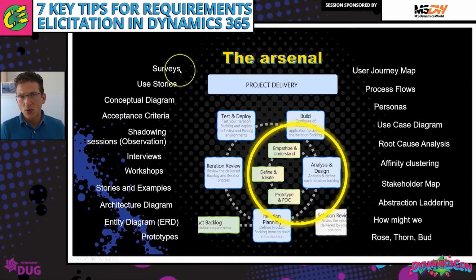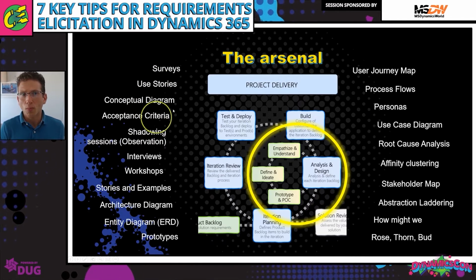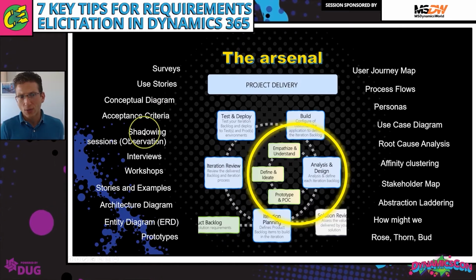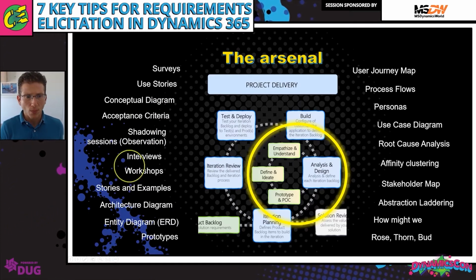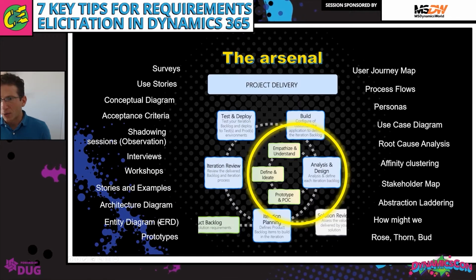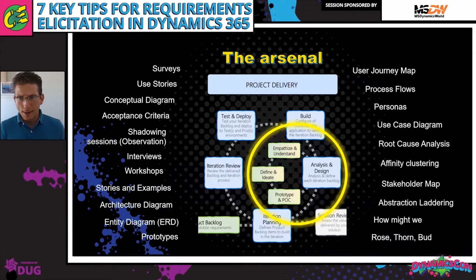You can use surveys to capture some requirements, user story, conceptual diagram, acceptance criteria to complement your user stories with additional details, shadowing session I'm presenting today, interviews, workshops, stories and examples presenting today, architecture diagram, entity diagram, prototypes, and so forth. There are many more again.